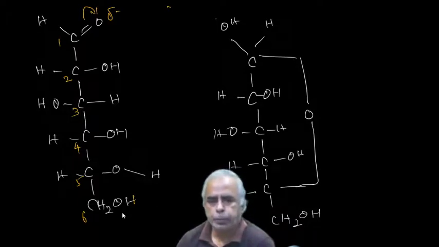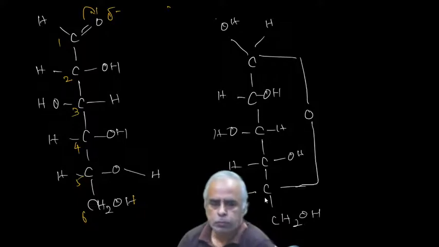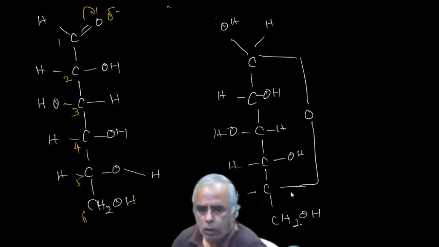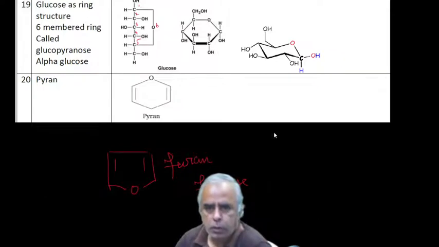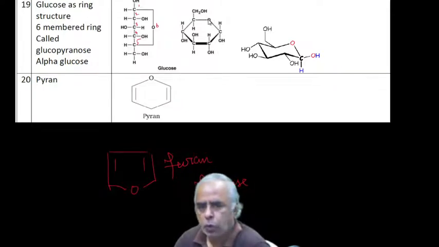Have you drawn? Now just look at the structure. So O is here and the CHOH. This is the first carbon atom, this is the sixth carbon atom, is it not?